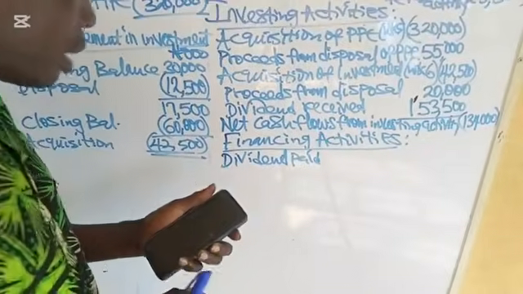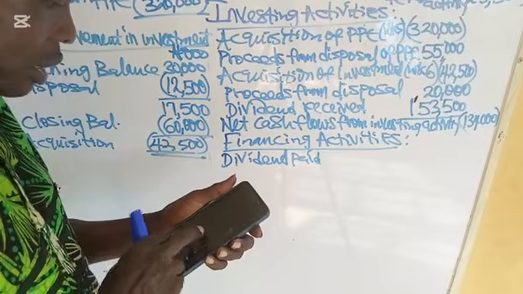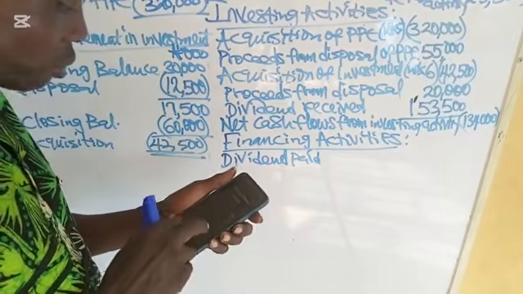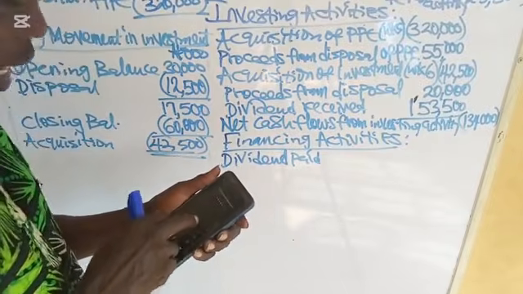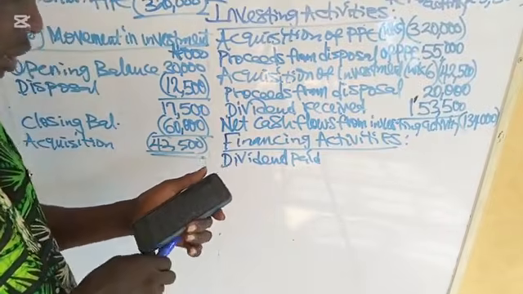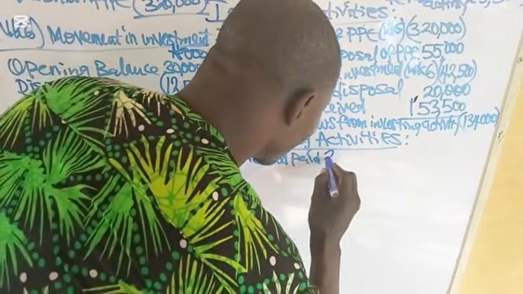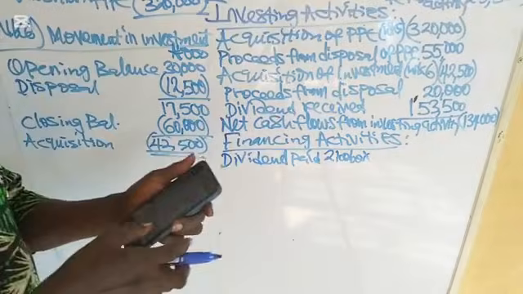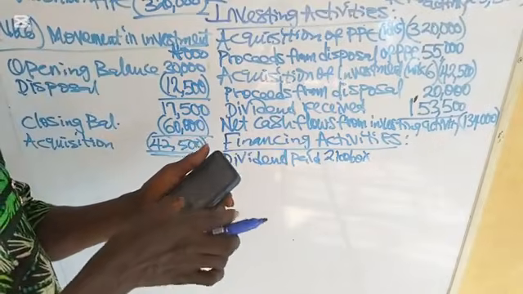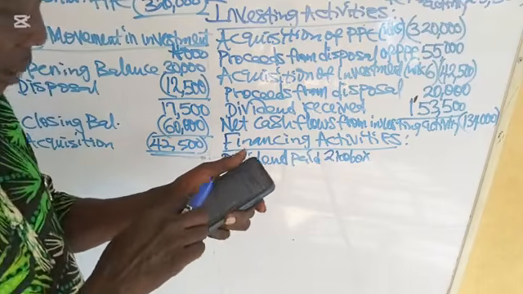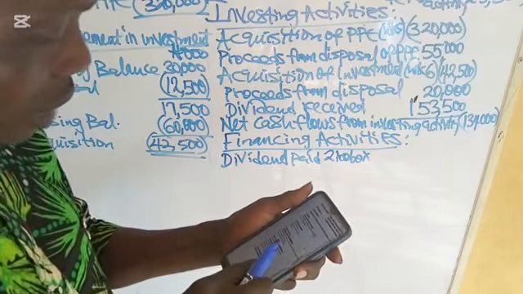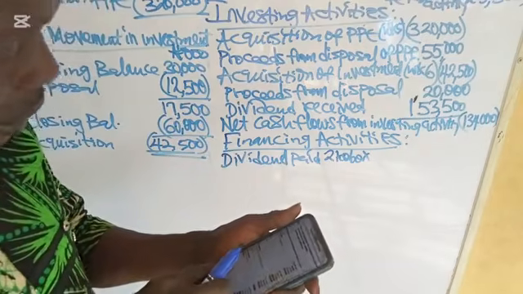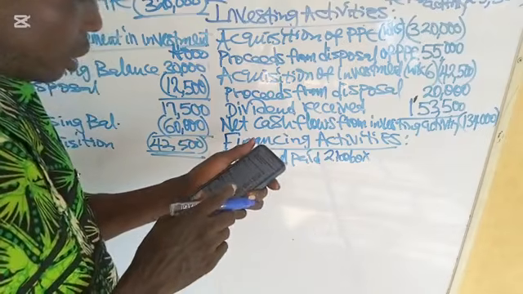Now, how much is the dividend paid? 2 kobo of the shares. How much is the number of shares yielding and ranking for dividend? 2 kobo. Of how much is the shares of the entity? How many ordinary shares? Capital of 80 kobo per share.